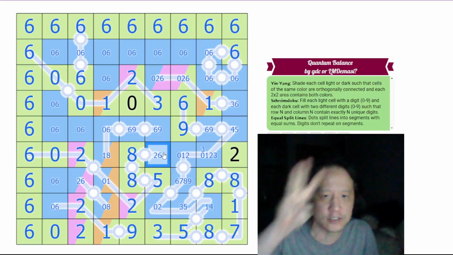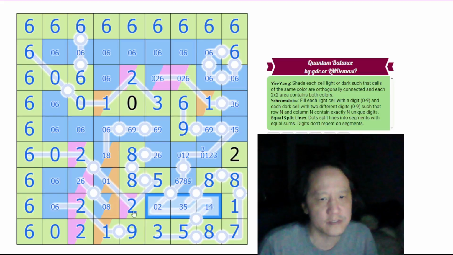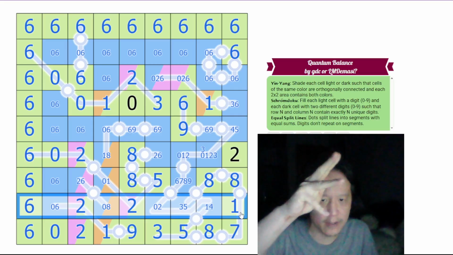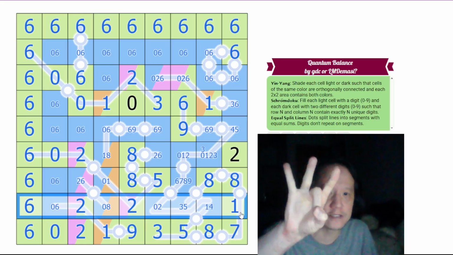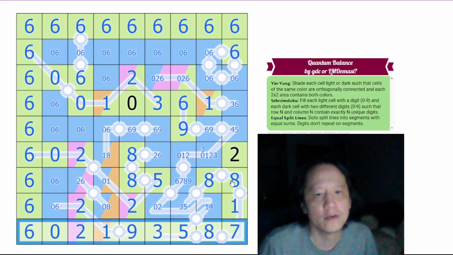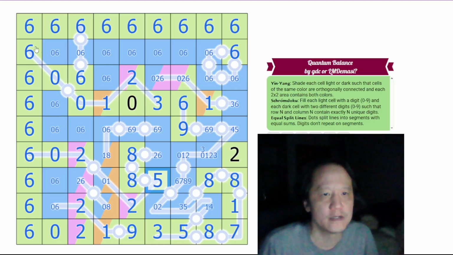So that's 6 digits. 7 digits in row 7, so this is set. Unique digits in row 8: we have 0, 1, 2, 3, 4, 5, 6, and 8. That's 8 unique digits. We have 9 unique digits in row 9. We already figured out row 7's fine.